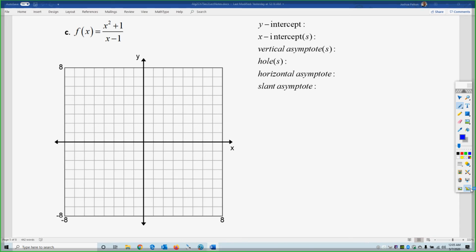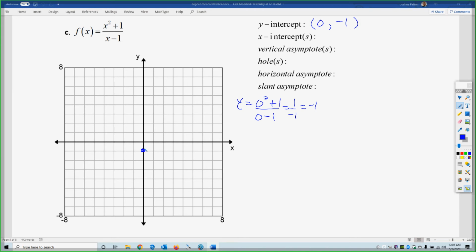Okay, so by definition of y-intercept, x must be 0. So we'll plug in 0 for x, and I get y equals 0 squared plus 1 over 0 minus 1, which is 1 over -1, which is essentially just -1. So at 0, -1, I get my intercept.